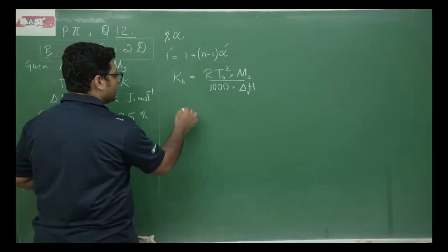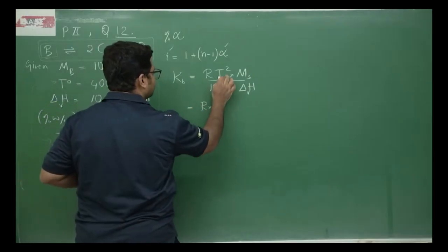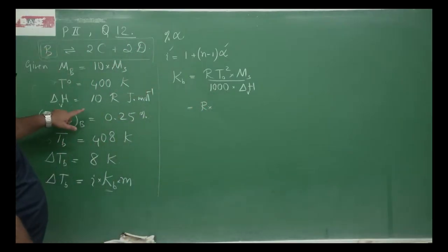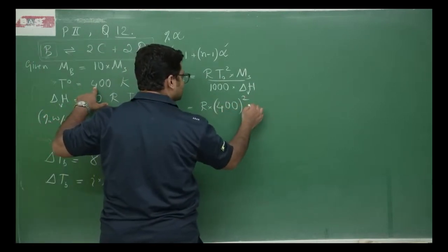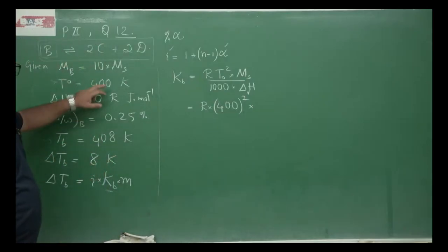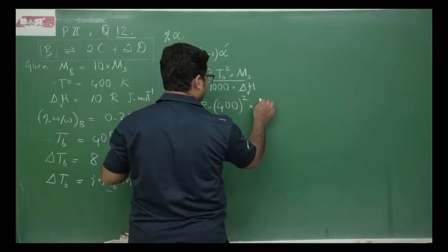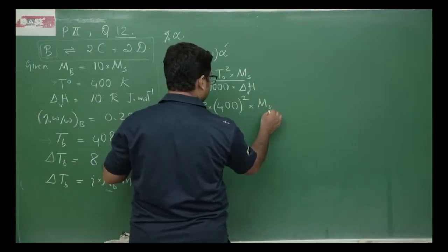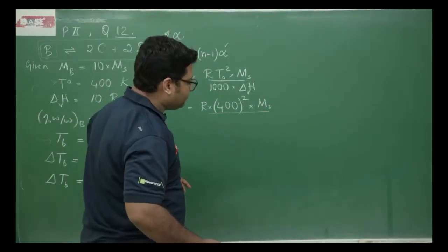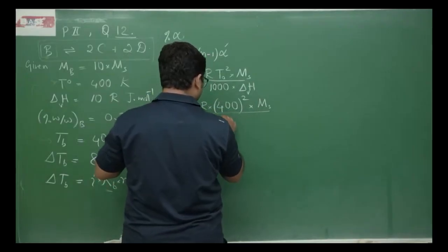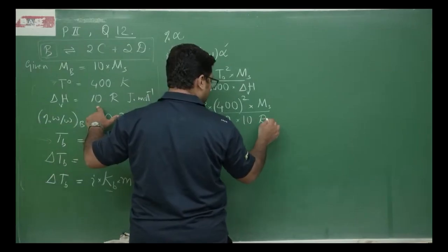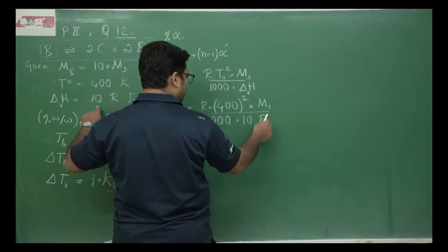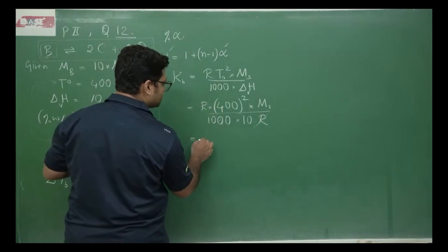Now this R into T naught square: we have 400 Kelvin squared into molar mass of solvent, whole divided by 1000, and enthalpy of vaporization is 10R. So over here the R term cancels.